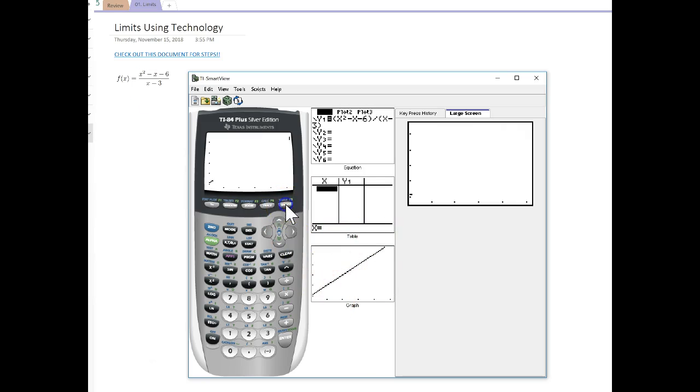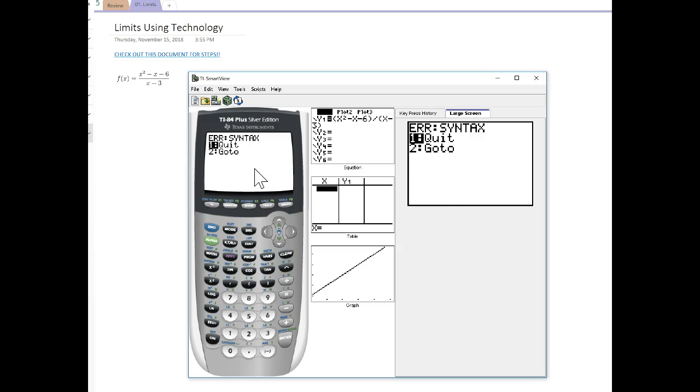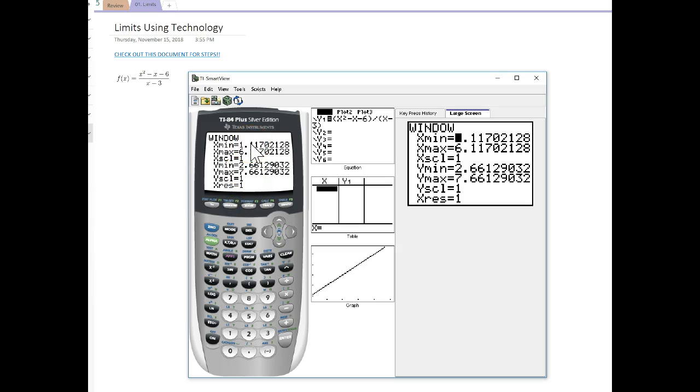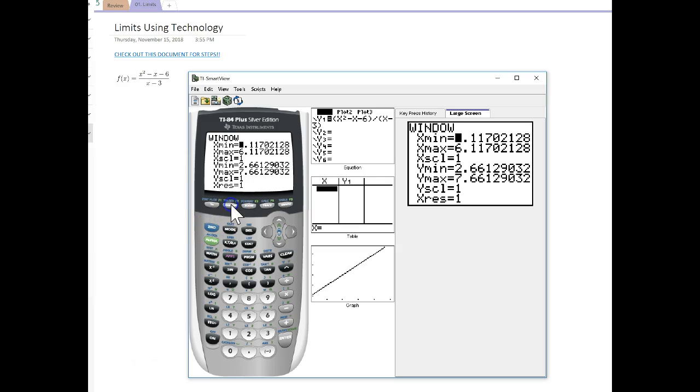Again, getting that graph is not a bad thing. If we reset our window, the default is at -10 to... That's really interesting.